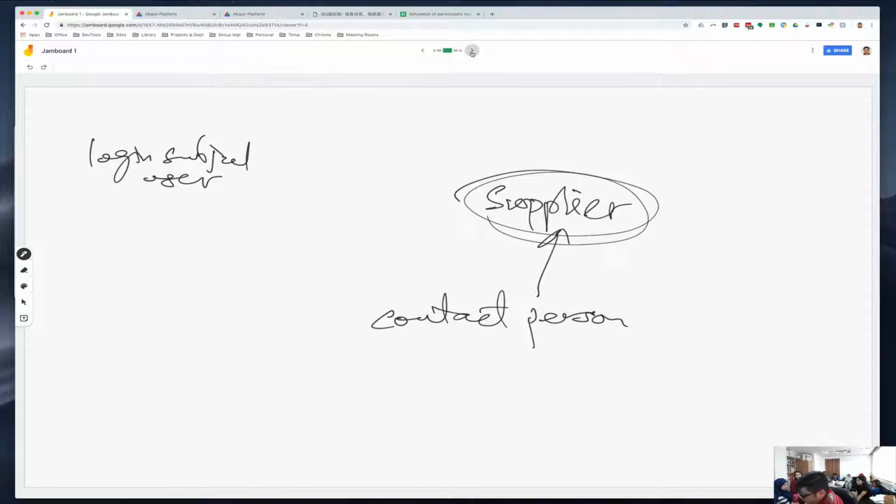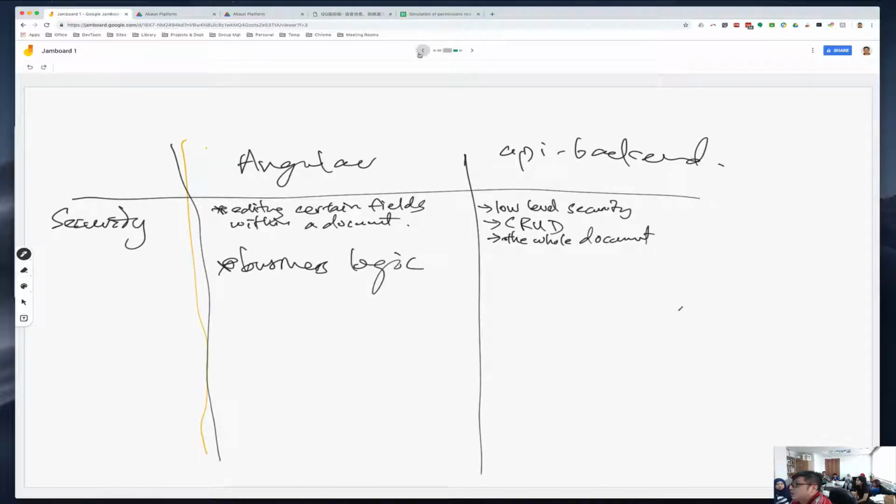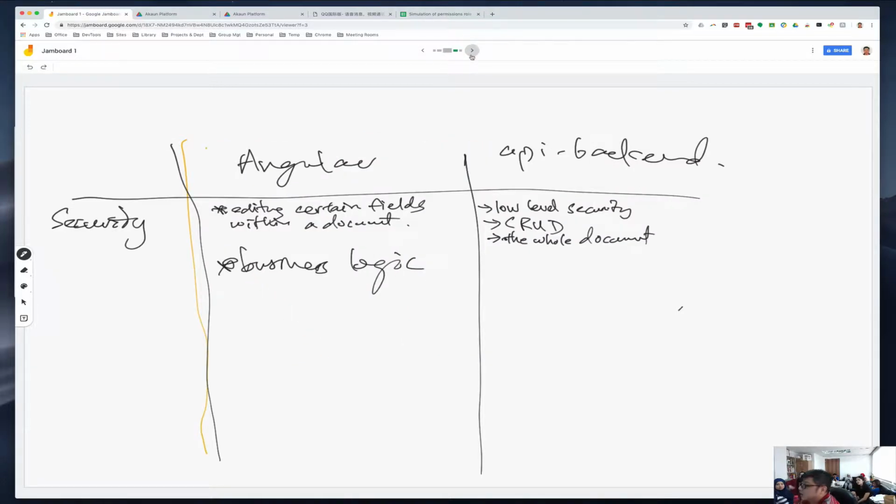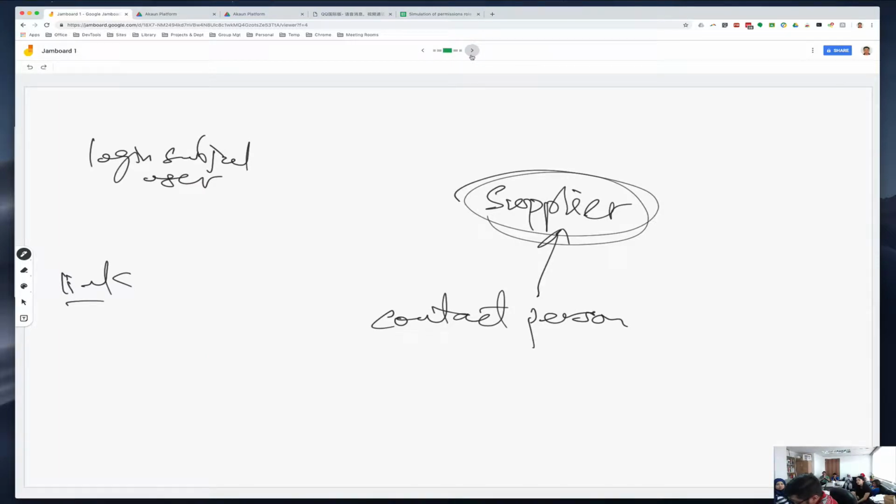But you also need to understand that what is really giving you the permission is actually the link table, which is shown here. This is the link table that will grant you the permission to the supplier. So if you look at this, the part that I put in green color is the target. This is the target. If you look at the yellow color, this one is actually the assignee.